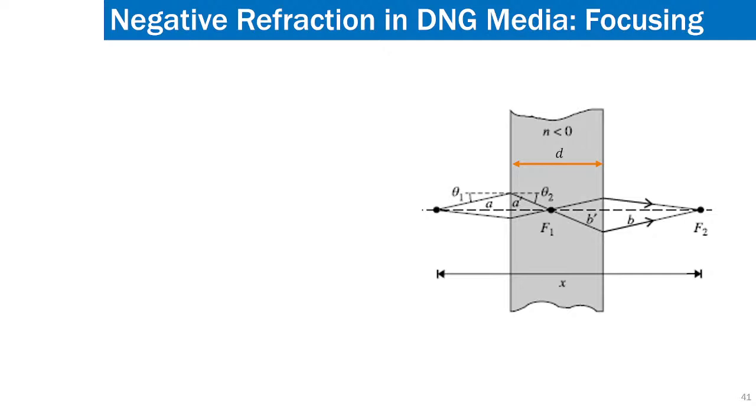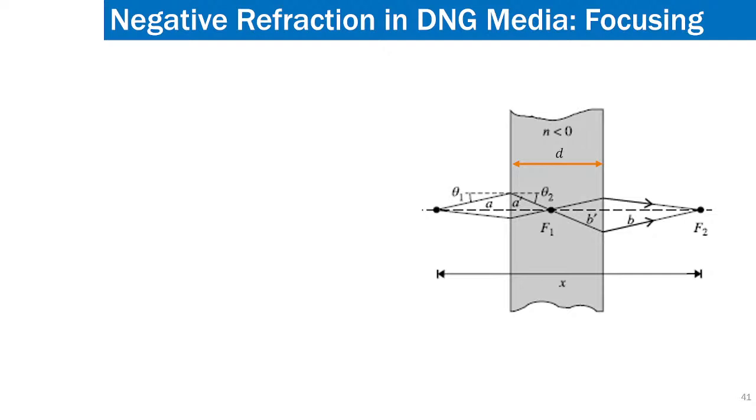We have a source on the left-hand side, from which we are incident with a wave at angle theta 1 onto the slab, which gets refracted with negative angle theta 2.